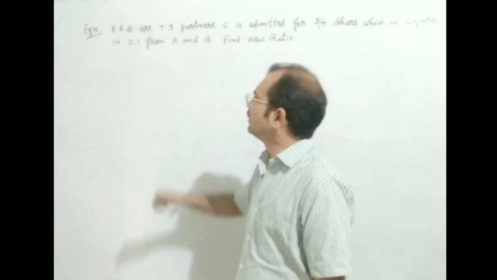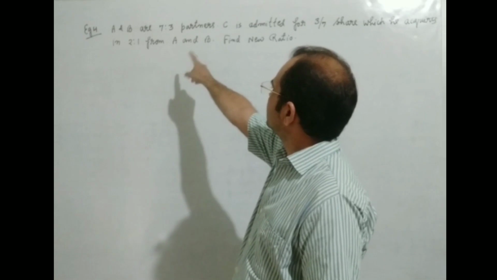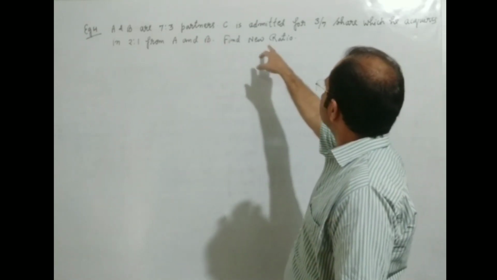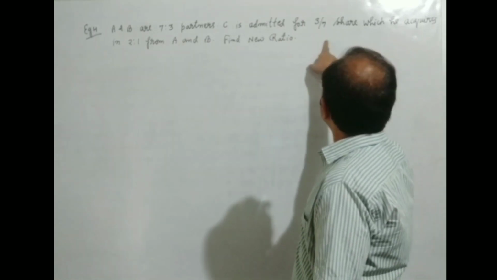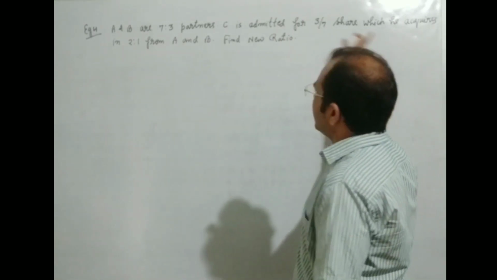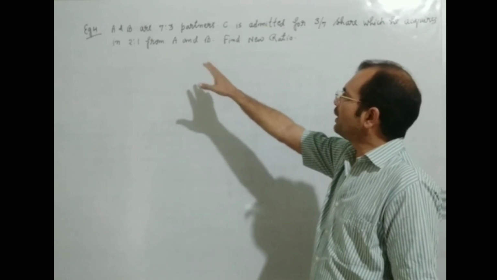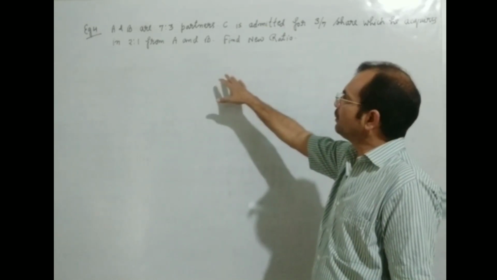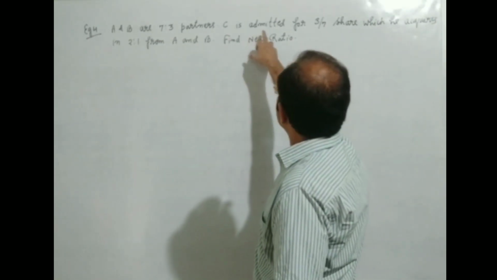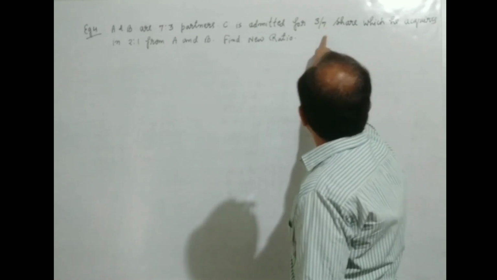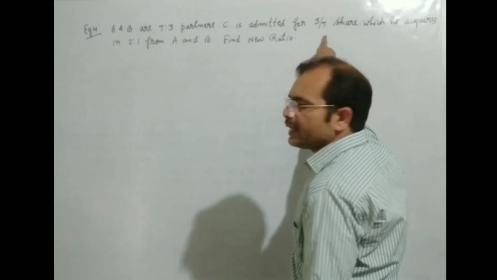Here is the question. A and B are 7:3 partners. C is admitted for 3/7 share which he acquires in 2:1 from A and B. It means C is taking admission in the firm for the share 3/7.